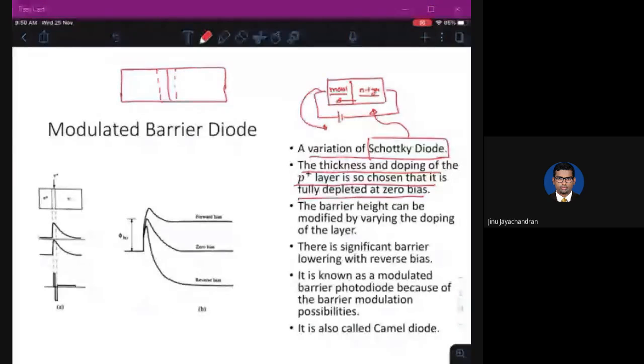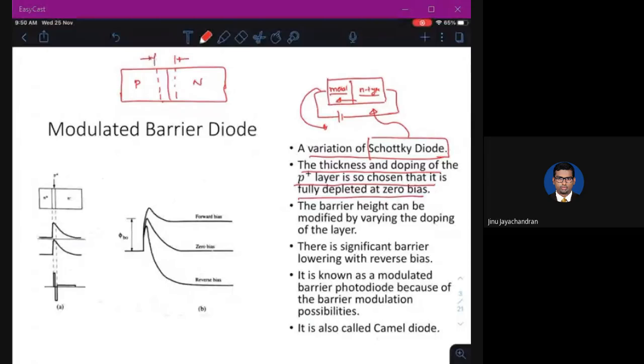There will be P and N. In this depletion region, you will not have any kind of charge carriers. It will have an electric field across this depletion region.